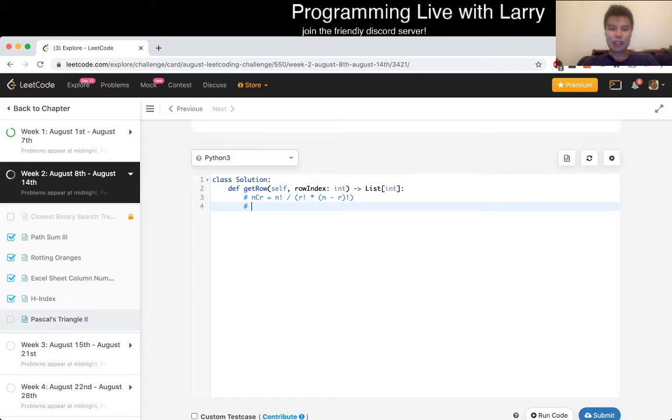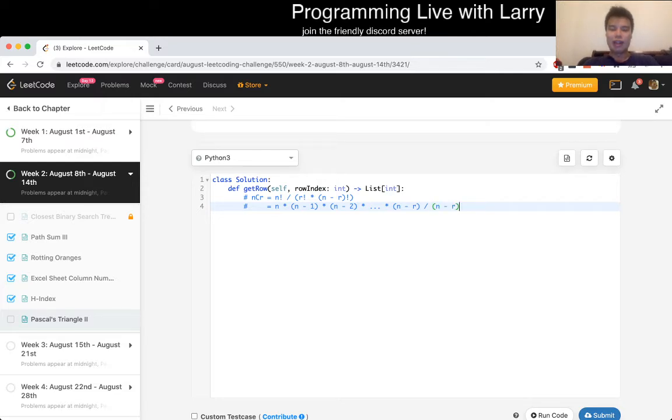But in another language, you may have to be careful, and you may rewrite this, for example, as n times n minus 1 times n minus 2 and so on, over r factorial.